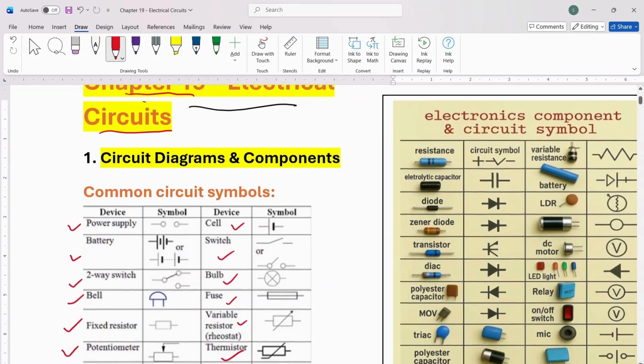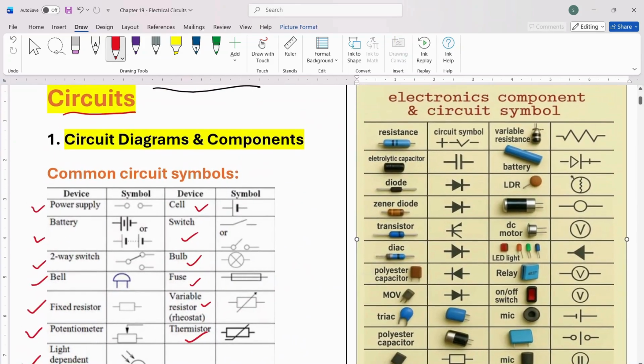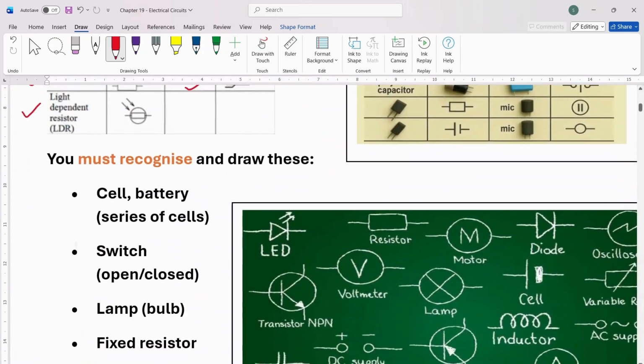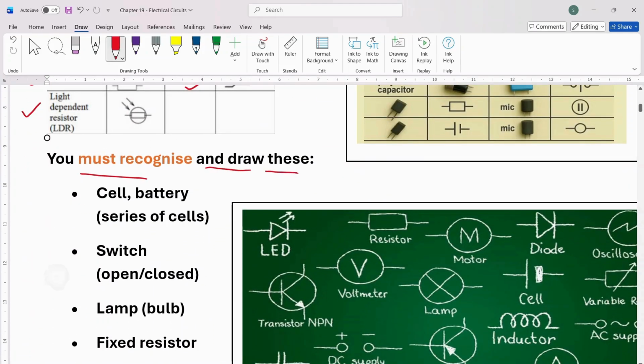Similarly, there are some shapes here for your better understanding, so this can also be viewed and studied from an exam perspective. So you must recognize and draw these shapes.